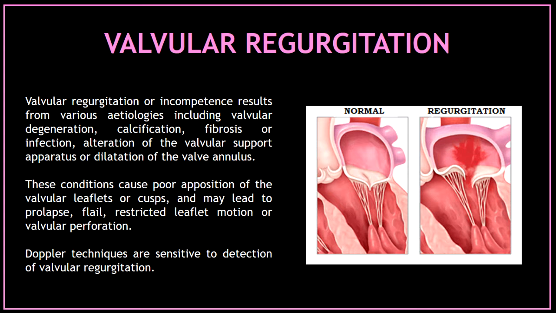These conditions cause poor apposition of the valvular leaflets or cusps and may lead to prolapse, flail, restricted leaflet motion, or valvular perforation. Doppler techniques are sensitive to detection of valvular regurgitation.